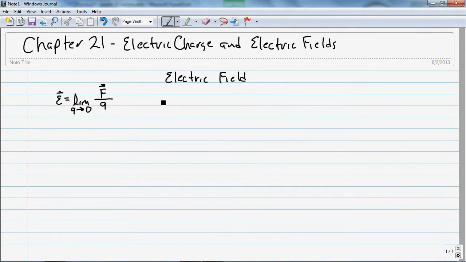And so our units for electric field are going to be newtons per coulomb. That's the units.